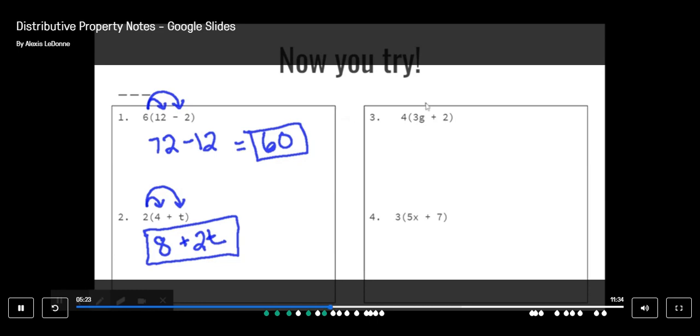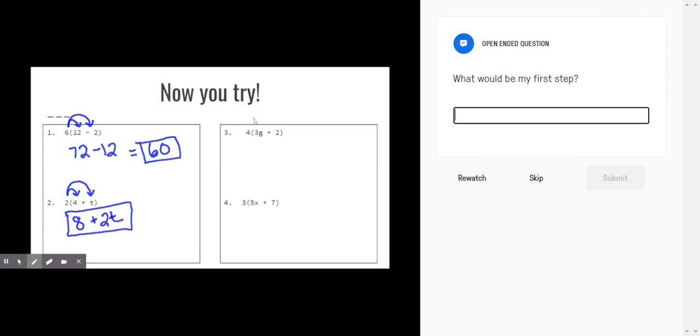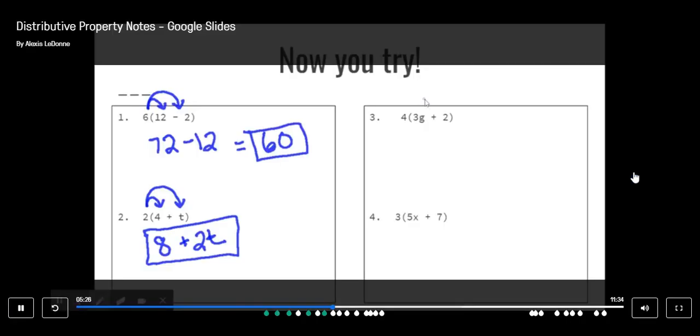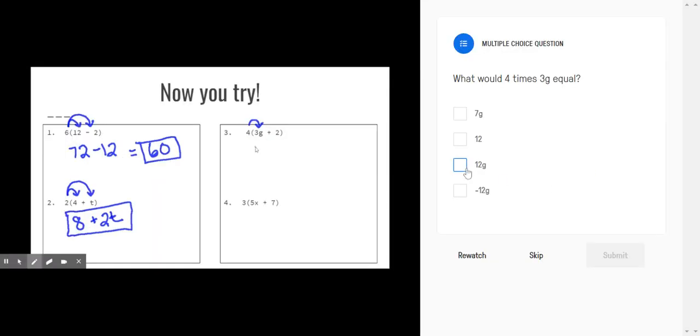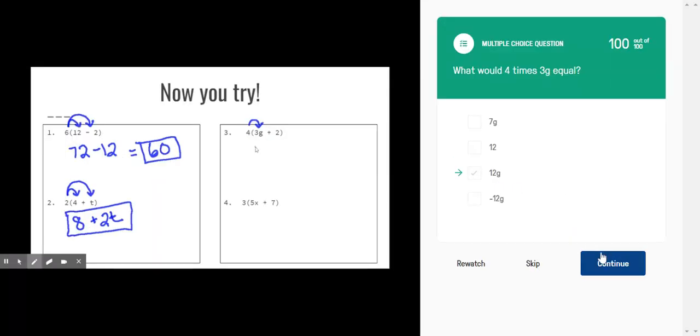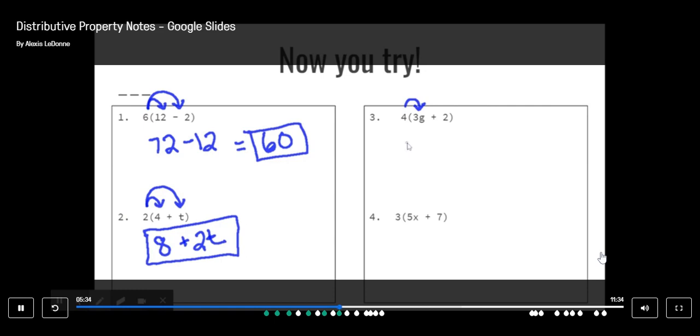For number 3, what would be my first step? Good, multiply 4 times 3g, and what would I get here? Good, 4 times 3 is 12. Bring down your g.